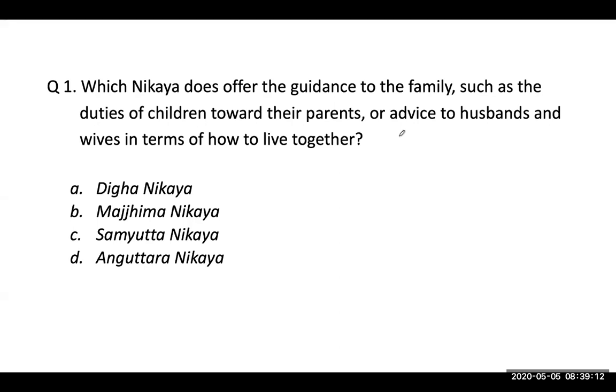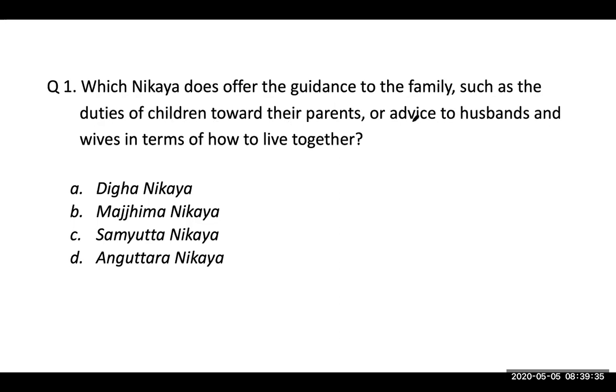So, which Nikaya offers the guidance to the family, such as the duties of children toward their parents, or advice to husband and wives in terms of how to live together? Okay, so I introduced two important things. What are the two? Mother and father, right?